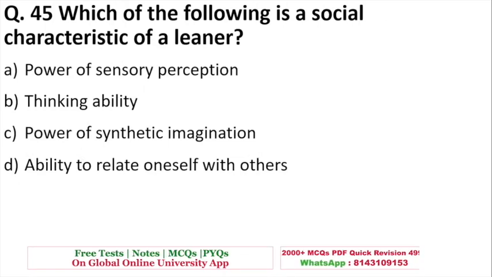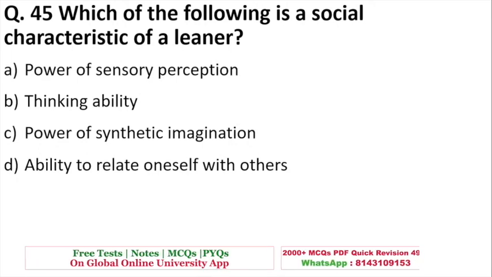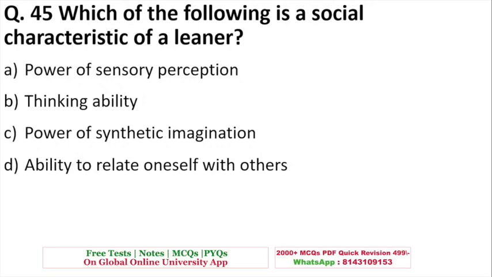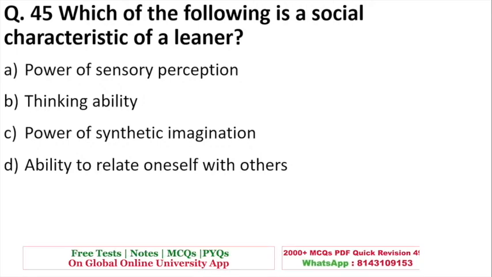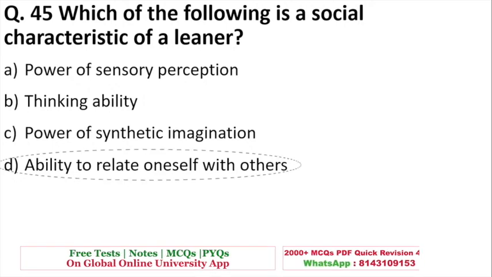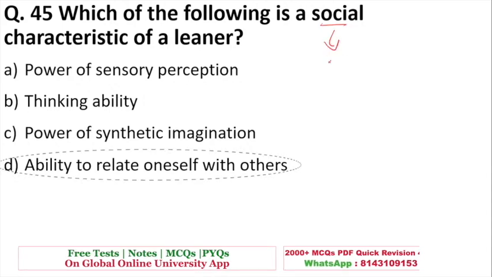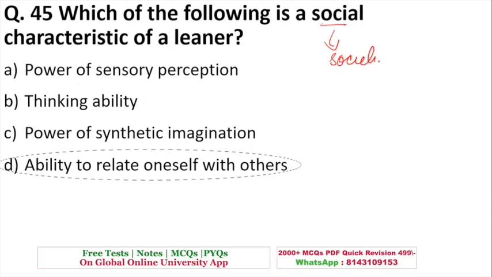Which of the following is the social characteristic of a learner? The answer is ability to relate oneself with others. Whenever the term social comes, it means they are talking about society.